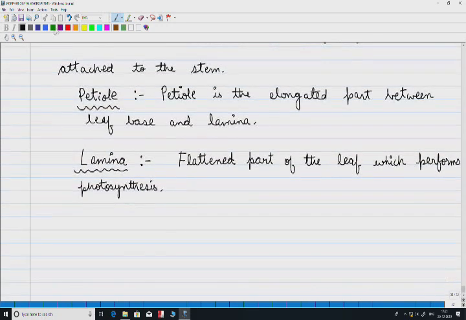Okay, so if I take a leaf like this, let me take a peepal leaf once again because it's very easy to elaborate on that.